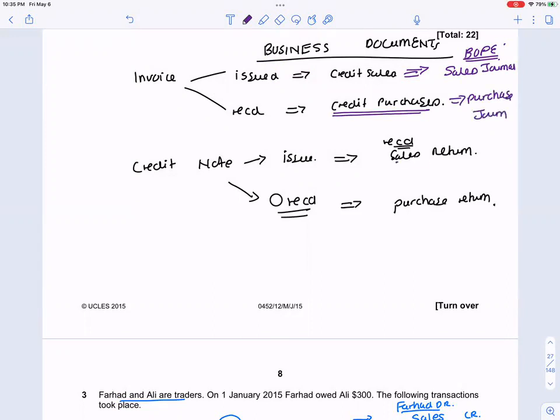Books of prime entry to record sales return? Sales return journal. And for purchase return, the purchase return journal. I'm giving you some time. Write it somewhere.